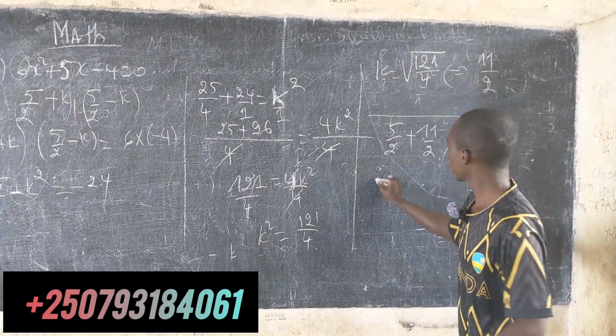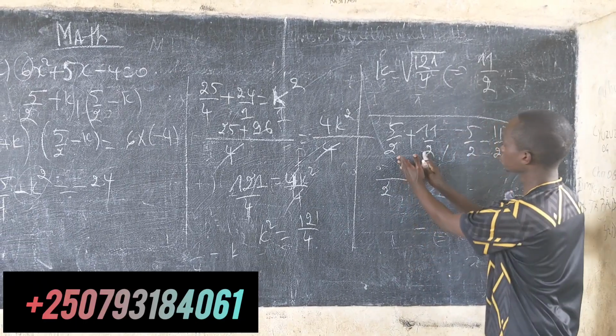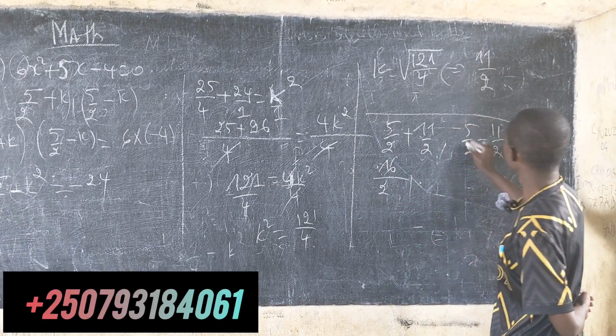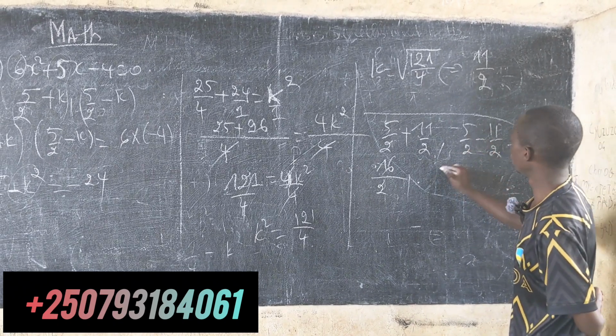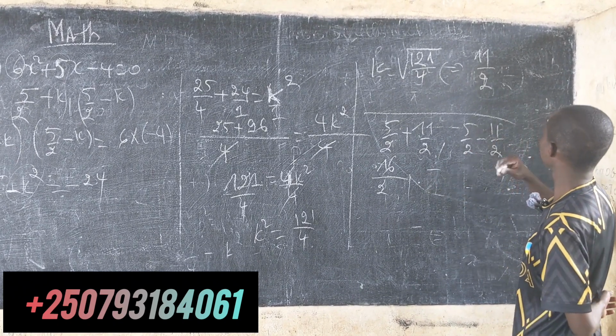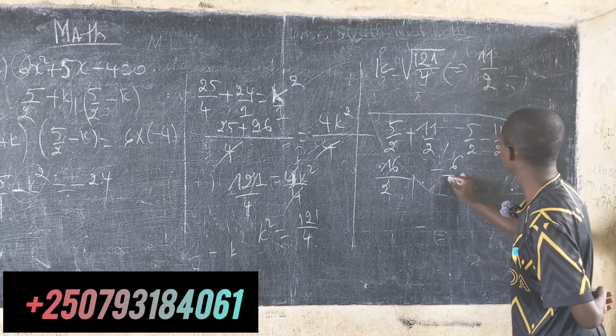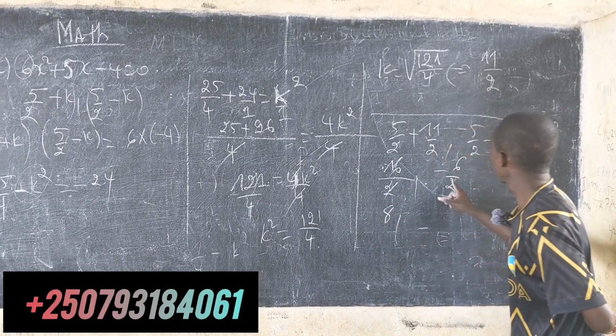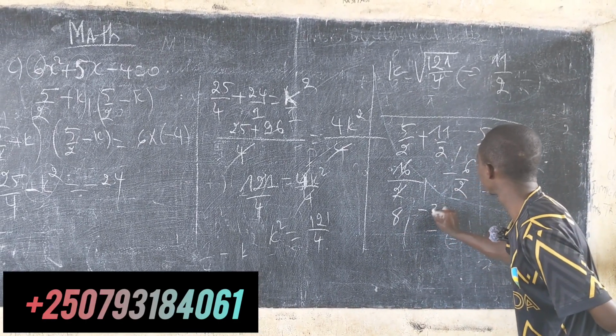Here we need to write the common denominator, which is equal to 2. 5 plus 11 is going to be 16. And here, minus, we remain with 6. 6 divided by 2. So here we will get 8, and here we will get negative 3.